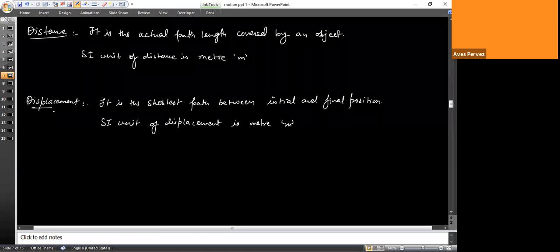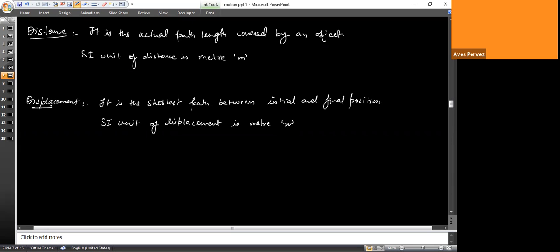Let's move further. Now you are very familiar, and you might be able to solve problems regarding distance and displacement. Another topic in this chapter is the types of motion.